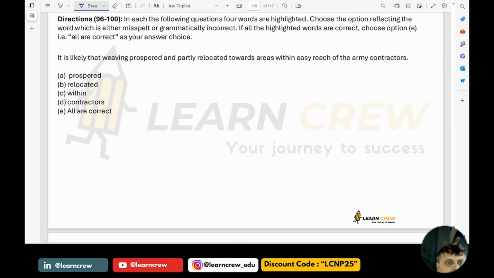Next. It is likely that waving prospered and partly relocated towards areas within easy reach of the army contractors. So it is correct. It's perfect. So all are correct. Next.